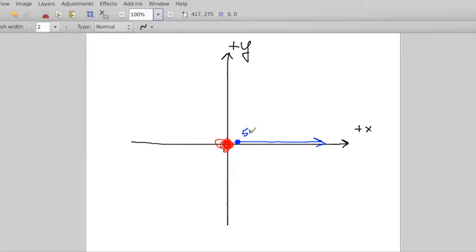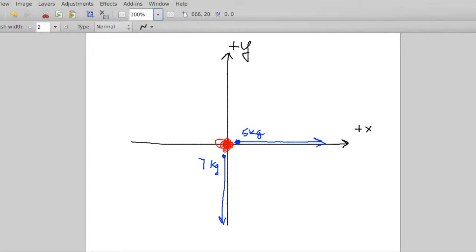So there's the 5-kilogram piece right there. And then there's a 7-kilogram piece, and the 7-kilogram piece travels along the negative y-axis. That means it's traveling down this way, like that. I think that's pretty clear from the language.